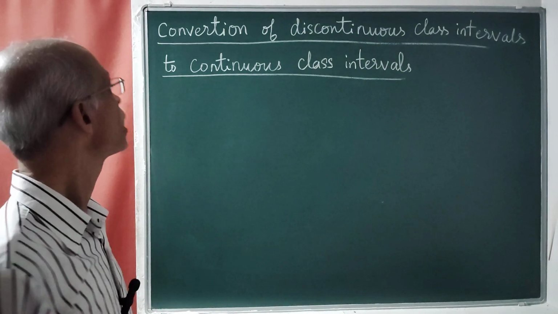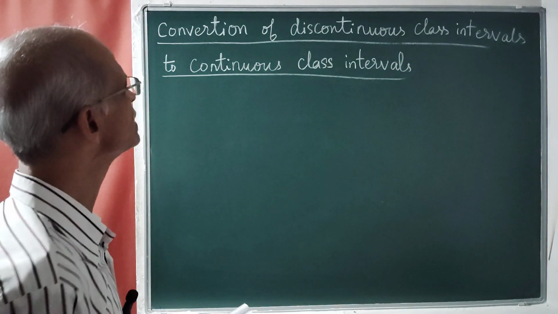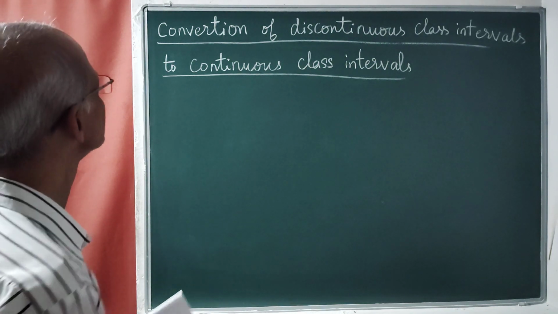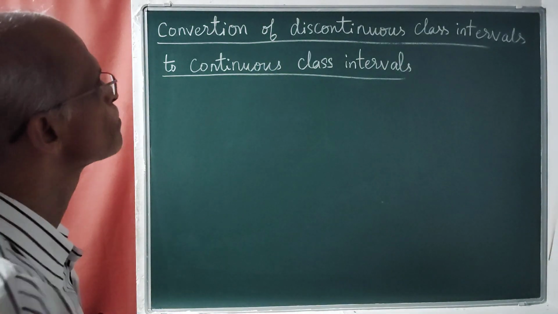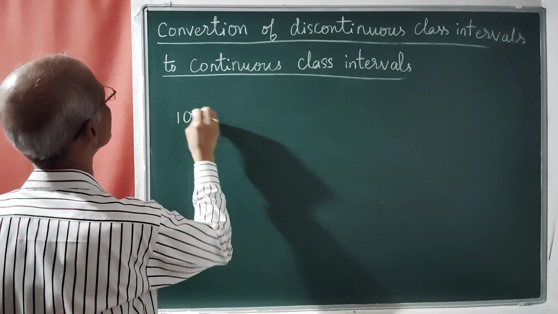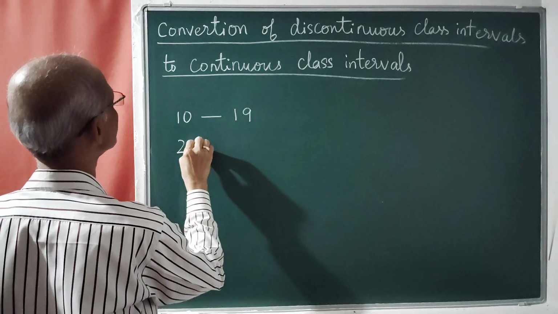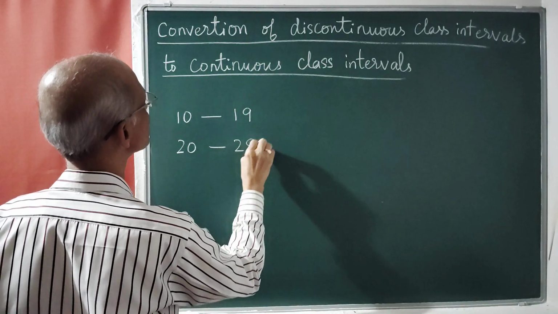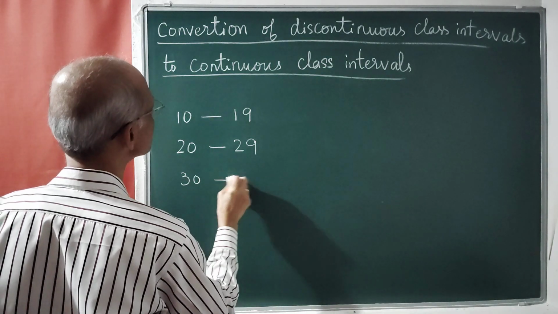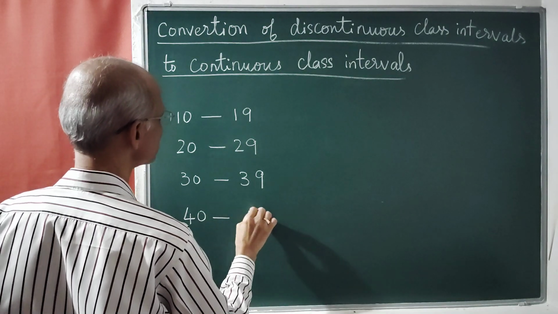Next, now we will see the conversion of discontinuous class intervals to continuous class intervals. Suppose the class intervals are 10 to 19, 20 to 29, 30 to 39, 40 to 49.